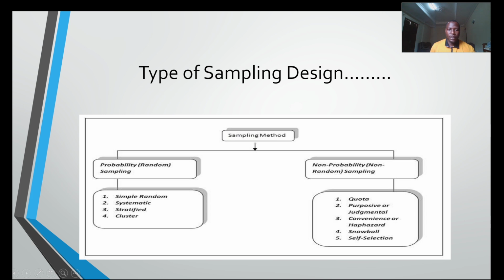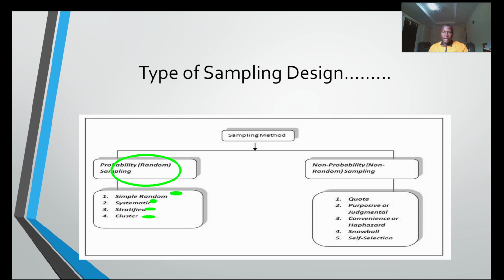In probability sampling, we have simple random sampling, systematic random sampling, stratified sampling, and cluster sampling.